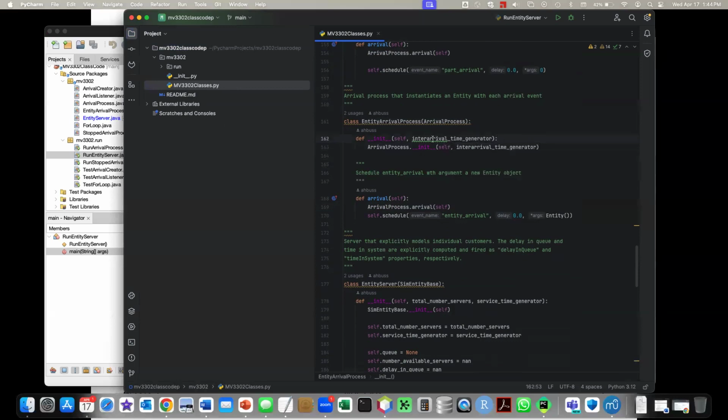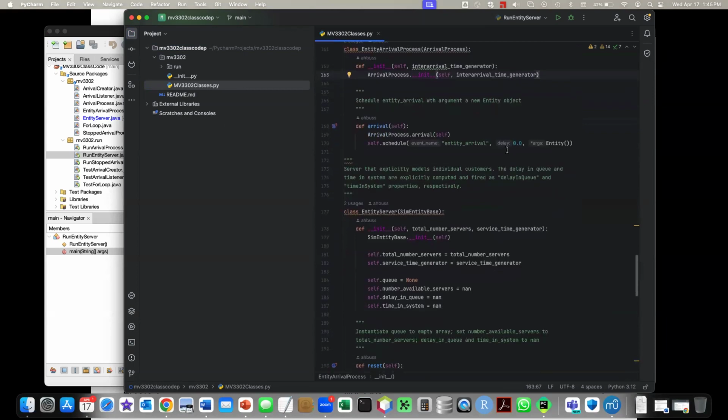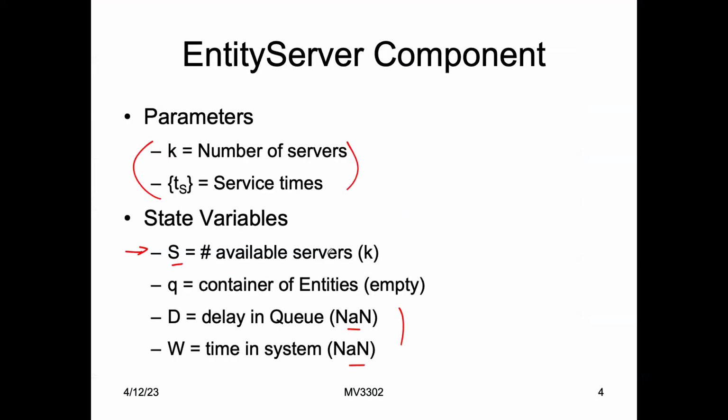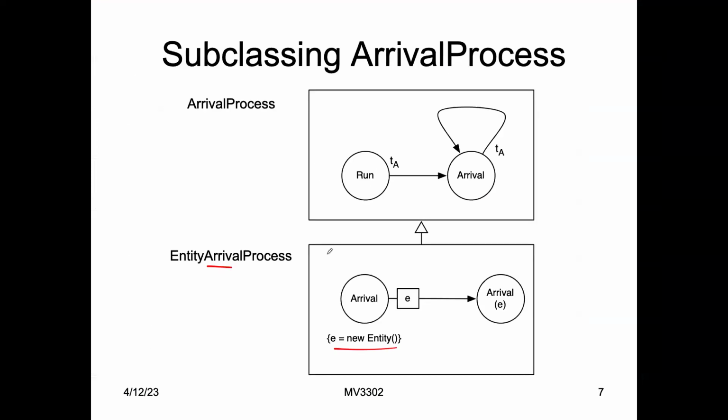So we pass in the inter-arrival time generator, and then we have to pass that to the init, the constructor of the superclass, just to make sure that works. We're just implementing this piece right here.